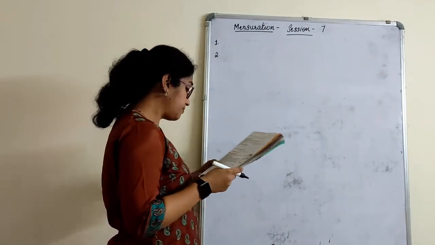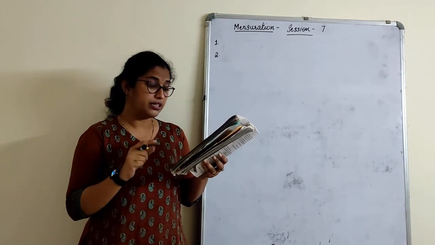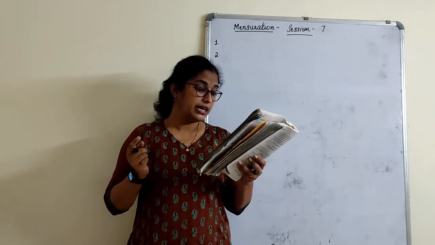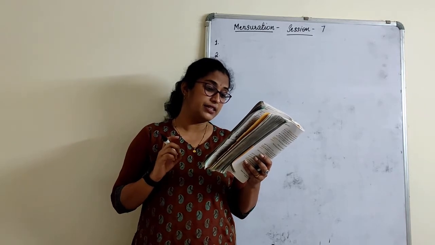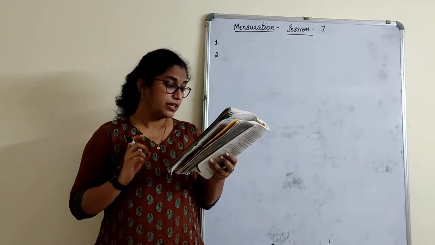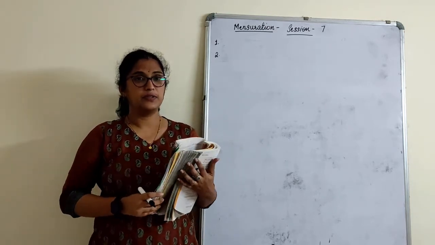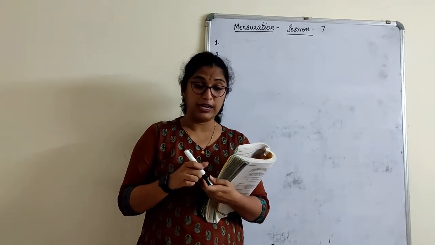Second one: the diameter of cylinder A is 7 cm, figure is given, and height is 14 cm. The diameter of cylinder B is 14 cm and height is 7 cm. Without doing any calculations, can you suggest whose volume is greater? This is a very simple technique you can also try at home.